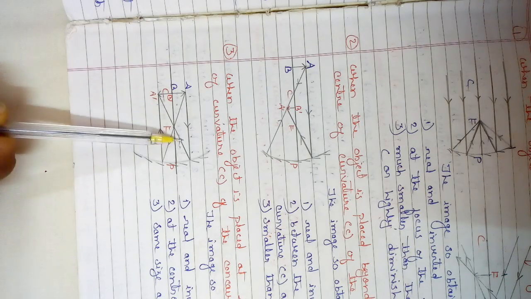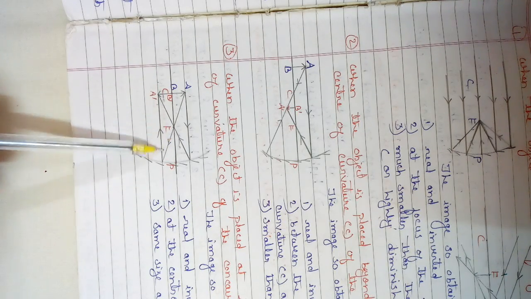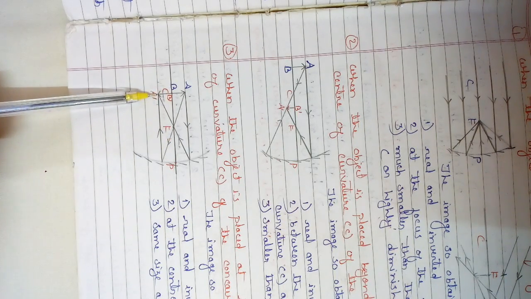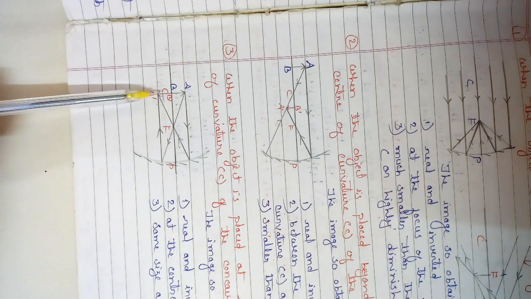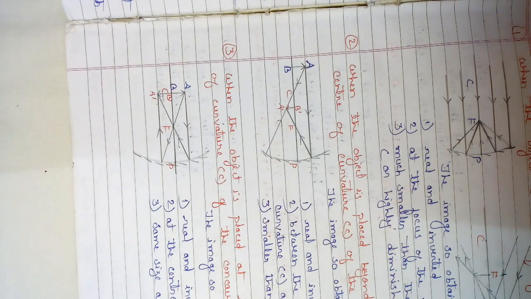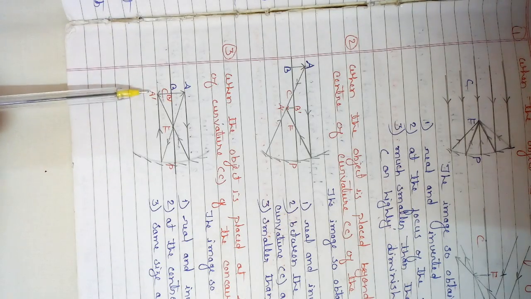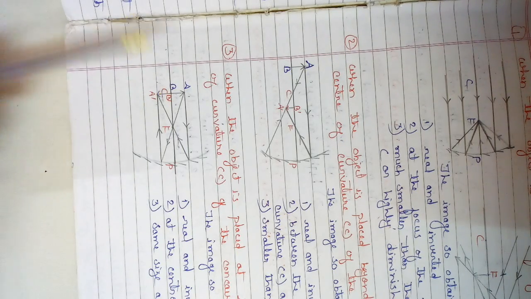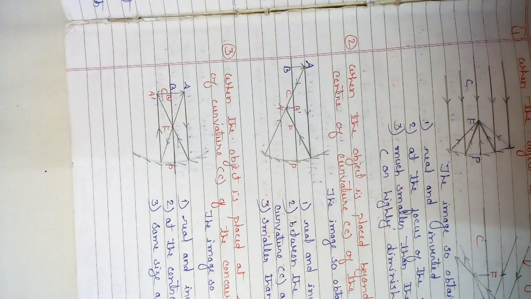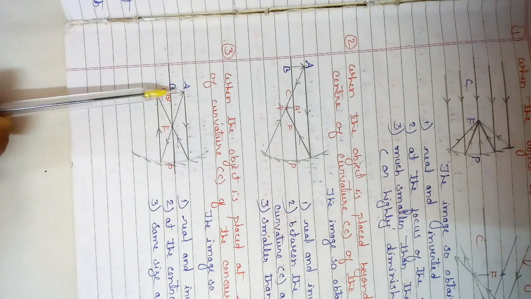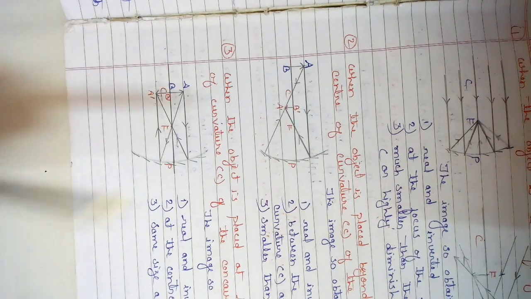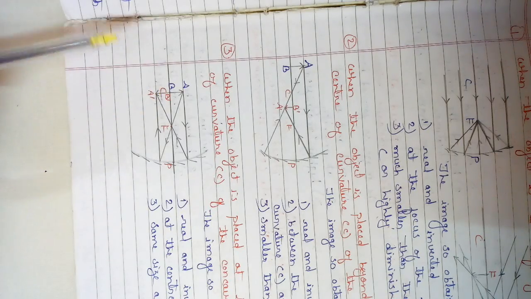At the point of intersection of these two rays, we get an image at the center of curvature, that means the point at which the object was placed, and the size of the image will be the same as the object, at the same place where the object is placed.